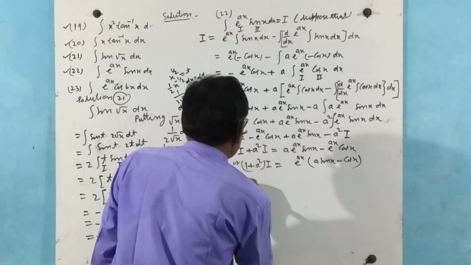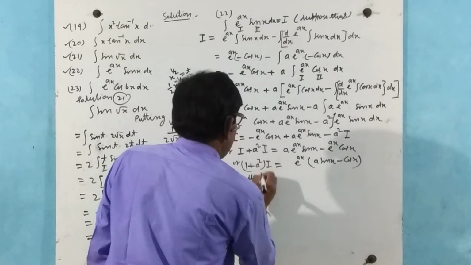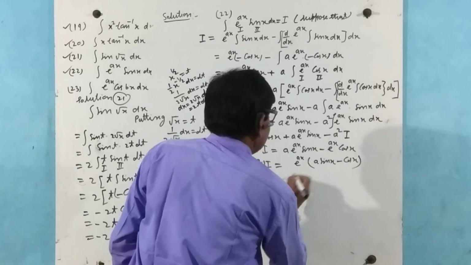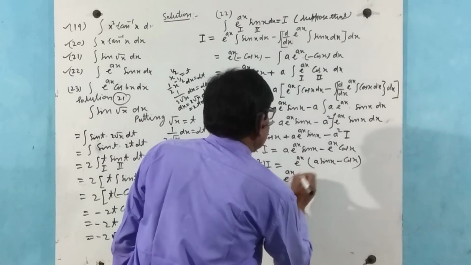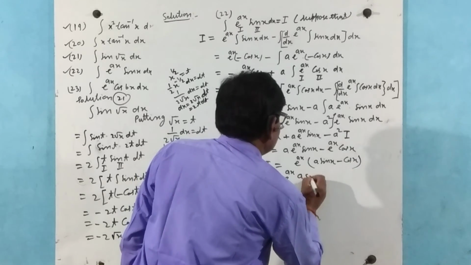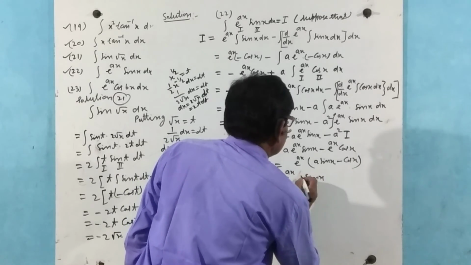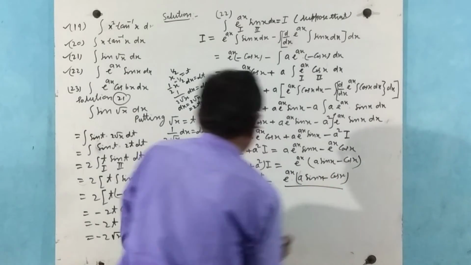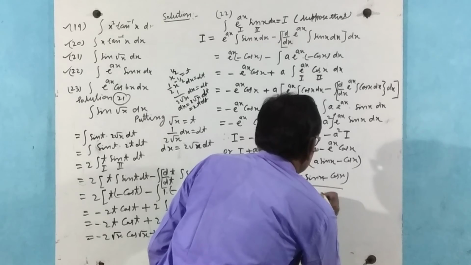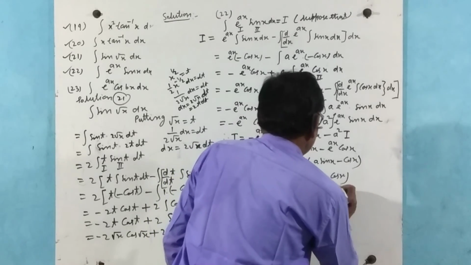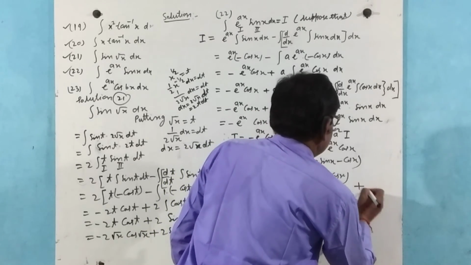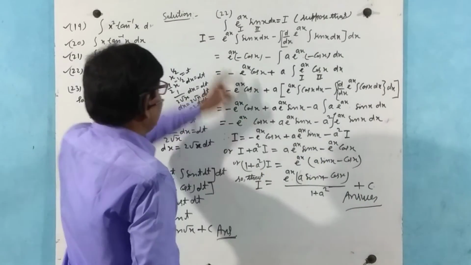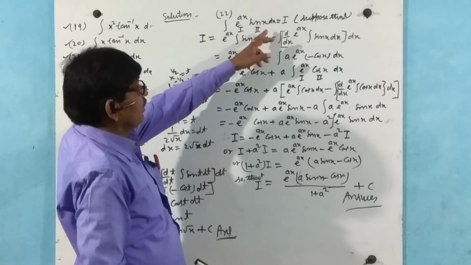So that integration of this is equal to e to the power ax times (a sin x minus cos x) divided by 1 plus a square. We add the integrating constant c here. This is our answer, integration of e to the power ax sin x dx.